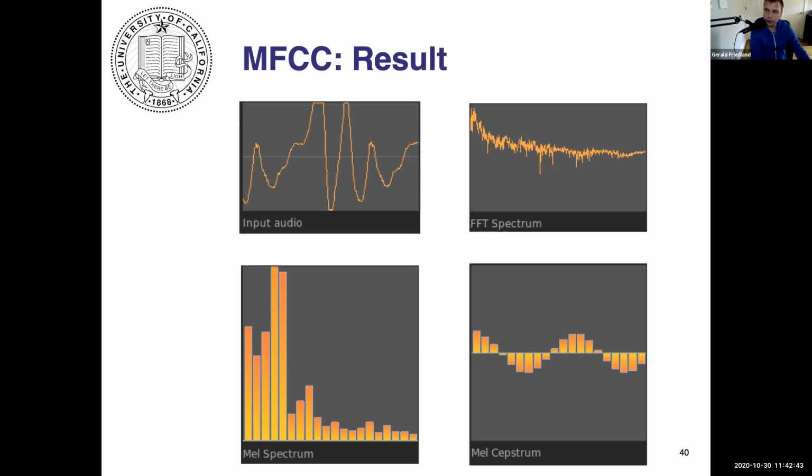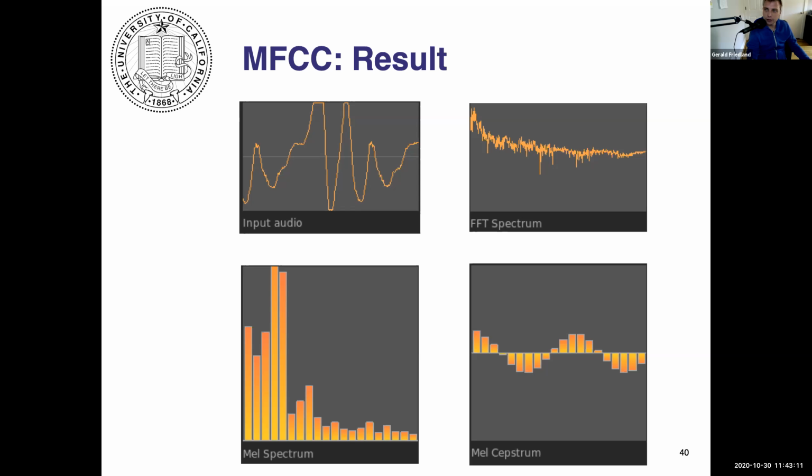So it's a huge compression of that space, but it's sort of perceptually motivated. And doing the spectrum of the spectrum to go to the cepstrum is actually sort of an approximation of PCA. The idea is to just get rid of correlations and have the signal as uncorrelated as possible, to just have what's really important in the signal.